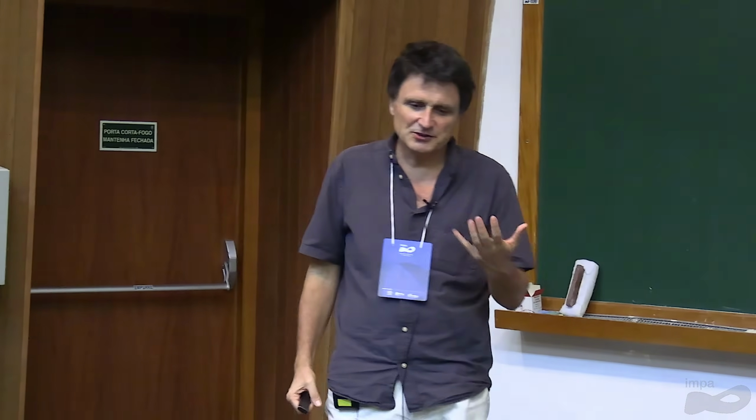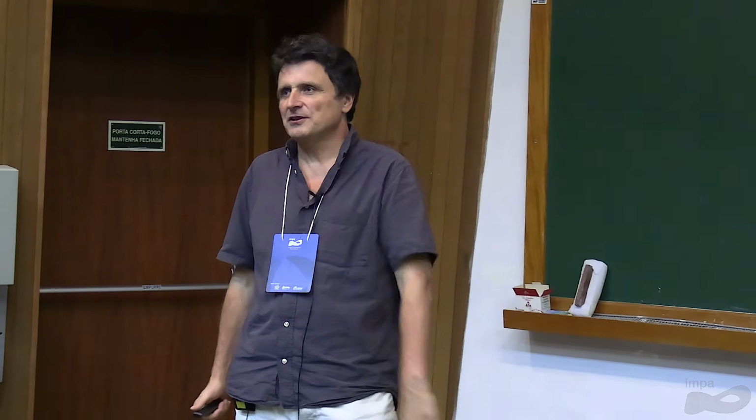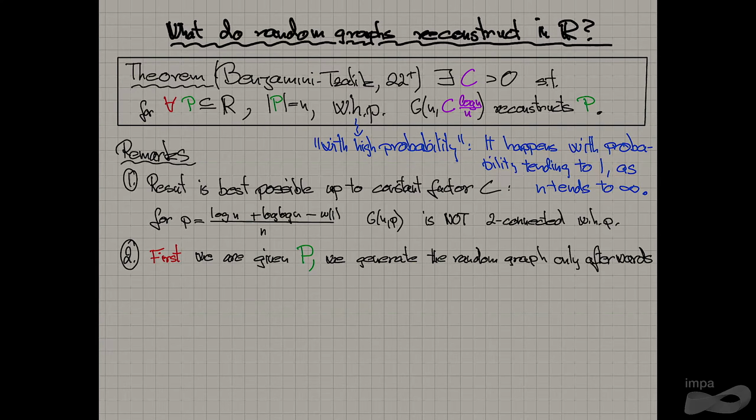So you need two-connectivity, in fact, and for two-connectivity it's known that the threshold, in a very precise sense, is first of all 1 times log n over n, but it's known much more precisely. It's exactly log n minus any slowly growing function as n tends to infinity, divided by n.